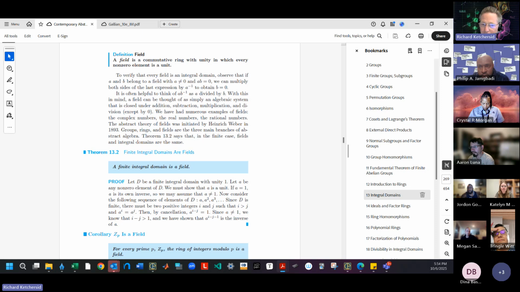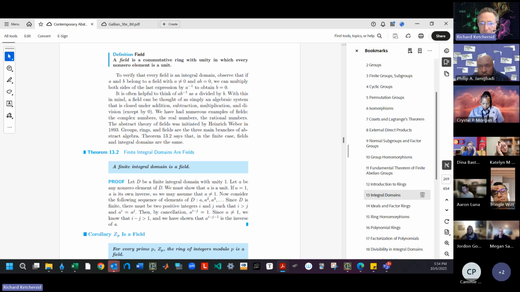Those are also not fields because they're not commutative, and they're really useful things. If you take the reals and build up to the complex numbers, and then build up to the quaternions, which we did look at a bit in group theory because we looked at the quaternion group, right?